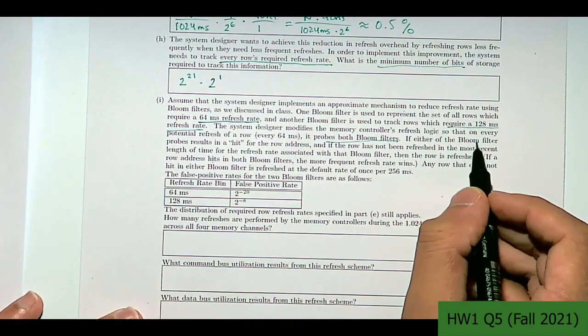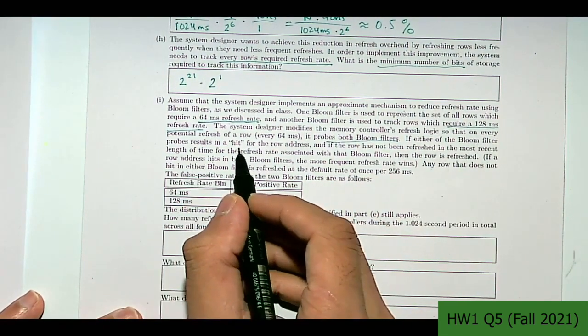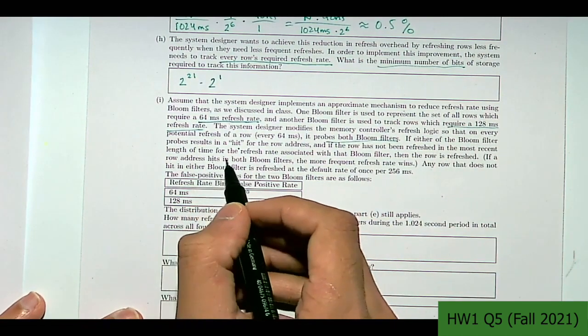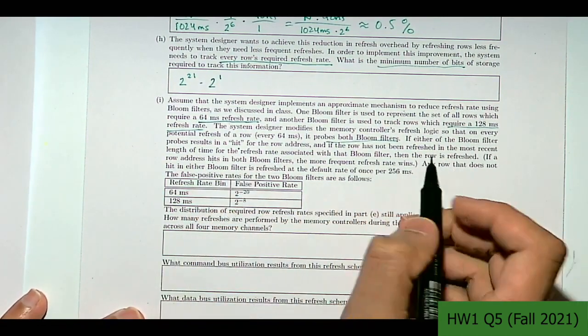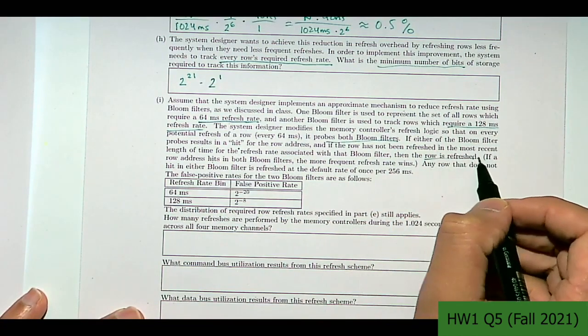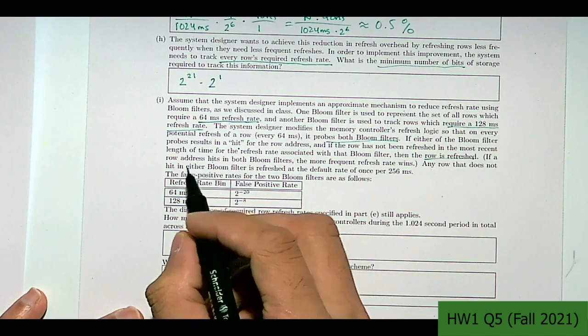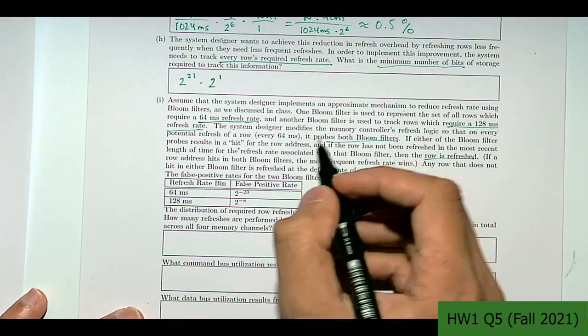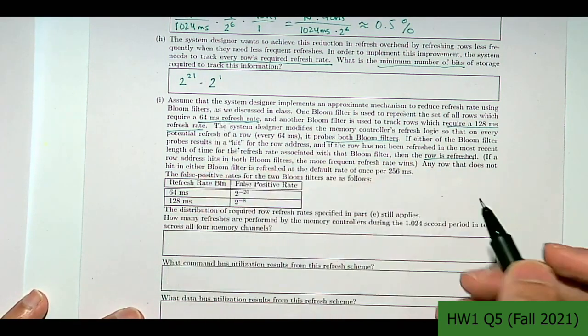And so if either of the Bloom filters results in a hit, and if the row has not been refreshed in the most recent length of time for the refresh rate associated with that Bloom filter, then the row gets refreshed, right? And if a row address hits in both, the more frequent refresh rate wins, right? So the 64 millisecond Bloom filter has priority, essentially.